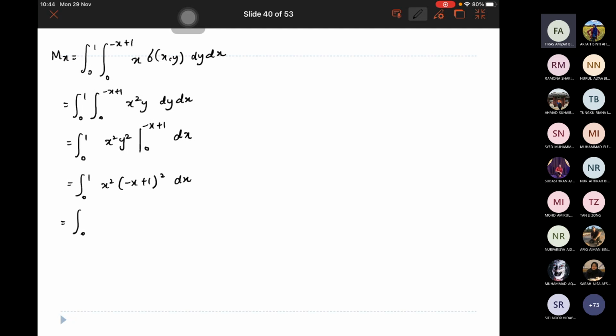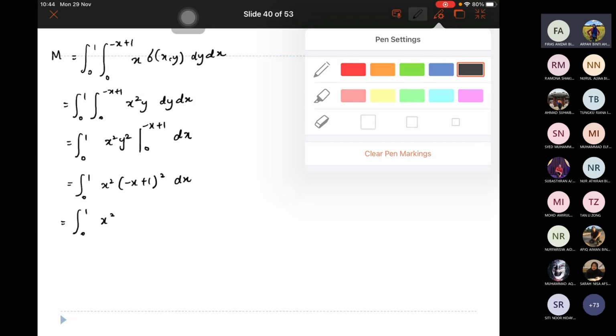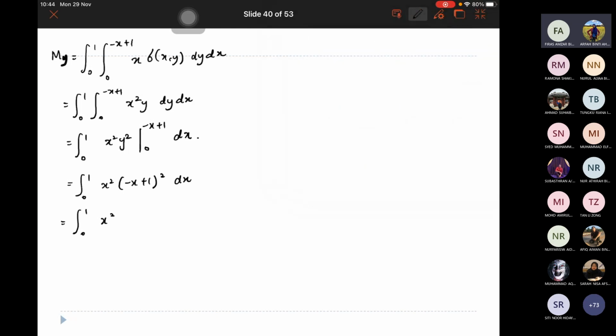Betul lah ni. Doktor ni nak kira MY kan? Betul, MY. MX pula. Thank you beritahu. MY. Okay. X kuasa 2 tolak 2x tambah 1 dx equal to integrate 0 sampai 1 x kuasa 4 tolak 2x kuasa 2 tambah 1 dx.